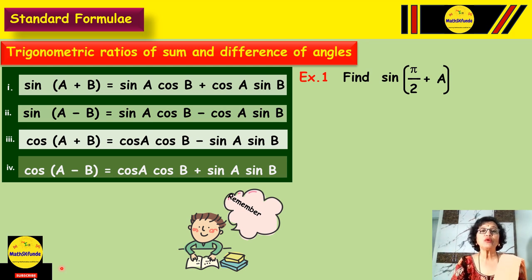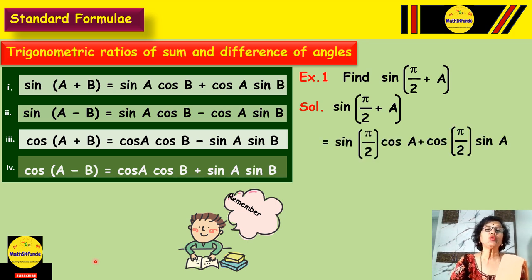Now if I have to find sine of pi by 2 plus a, I can go for the sine of a plus b formula and start simplifying it. So sine of pi by 2 plus a, by the formula of sine of a plus b, would be sine pi by 2 cos a plus cos pi by 2 sin a. I have just substituted pi by 2 in place of a and a in place of b.